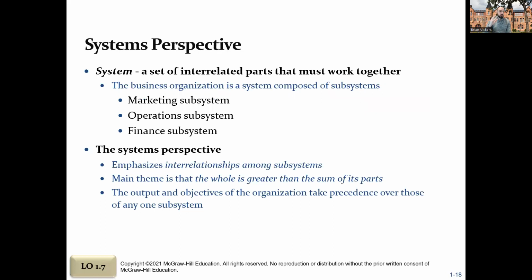That by coming together and working together fluidly, you can achieve the highest goals you have for your company, and that the overall objectives of the organization take precedence over maybe the marketing team's individual subsystem objectives, right?